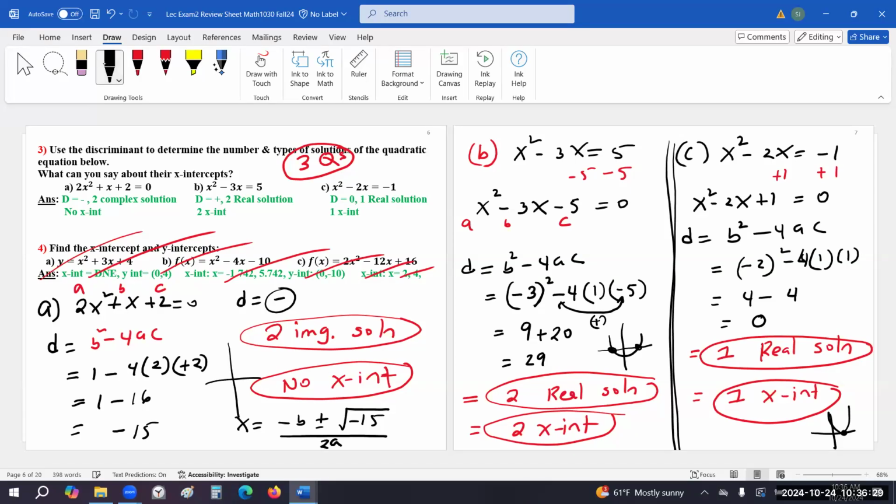And for this one, we have no solution, sorry, no x-intercept. How can we have a graph with, plus 2, whatever. Something like this. We are lying above the x-axis. They're not perfect, okay? I just guessed them.